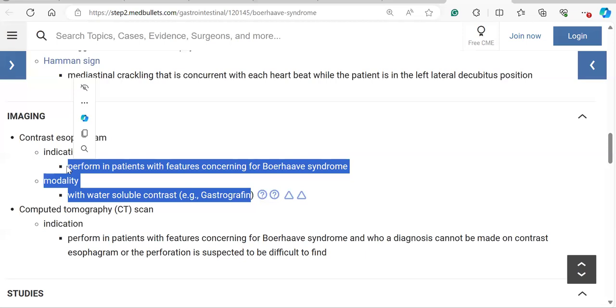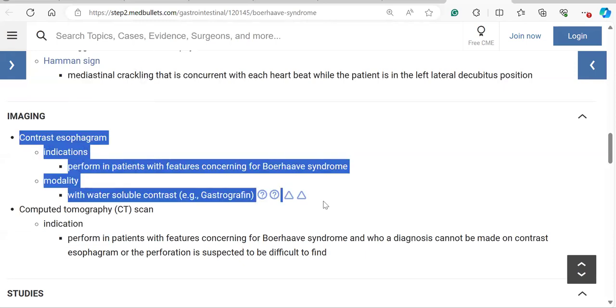Now let's say you have done the contrast esophagogram like a gastrografin swallow, but you can't be sure if this is a rupture or not. In that patient, you can do a CT scan.